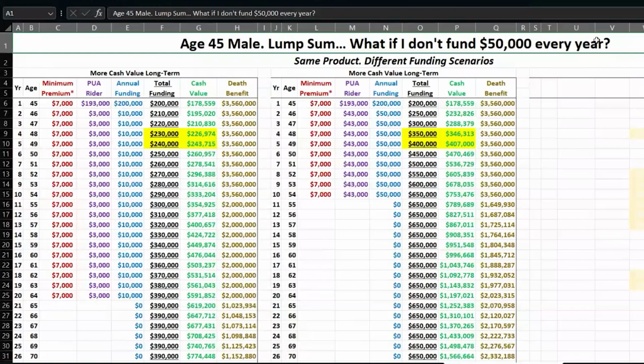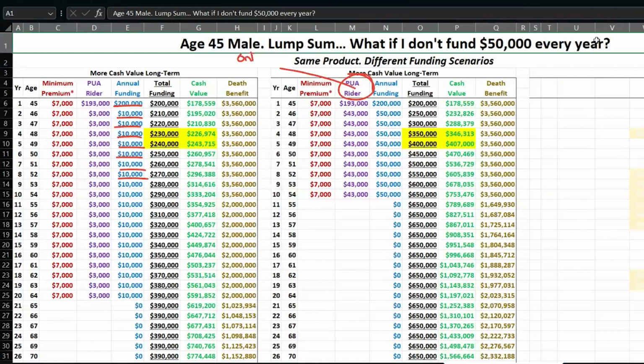Again, exact same policy. And typically, an individual like this, what they'll do is set it up where this is what they're billed for every year, the 10K per year. And if they want to add more money to the policy, specifically to the PUA rider, they're doing that at their discretion.